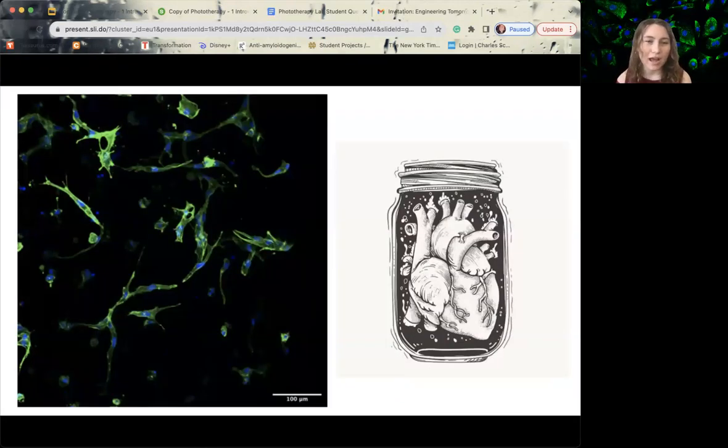On the left, you can see these are lymphatic vessels, which are a type of vessel in the body. They're sprouting within this little jello-like substance called a hydrogel, which essentially acts like the surrounding area around a cell called the extracellular matrix. What I'm currently working on is bouncing off this idea.